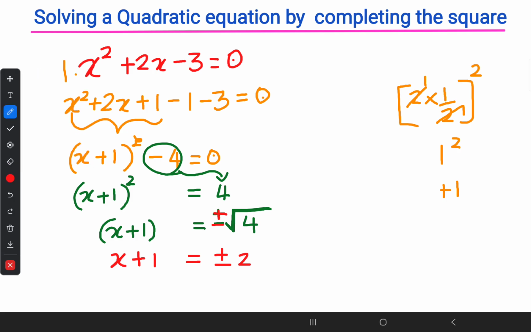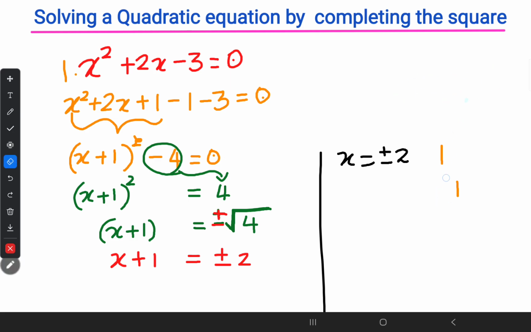Thereafter, what you need to do is find the square root of 4. It is 2. Now I write the substitution here. x should be equal to plus or minus 2, and this positive 1, when you bring it to the other side, becomes a negative 1.